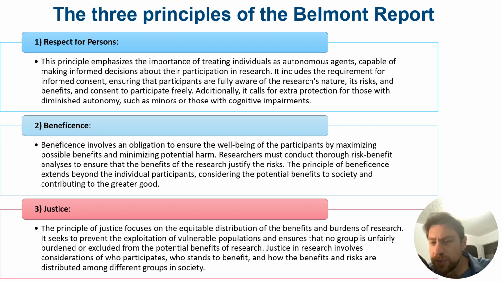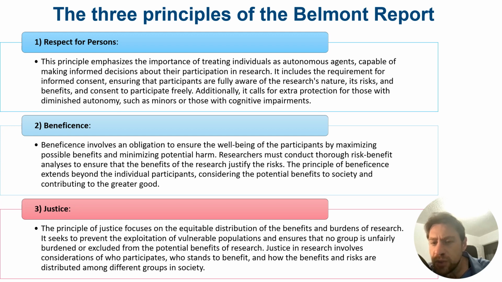So these are the three principles of the Belmont Report, and I'll just read them because I think they're pretty important. Okay, so 1, respect for persons. This principle emphasizes the importance of treating individuals as autonomous agents, capable of making informed decisions about their participation in research.